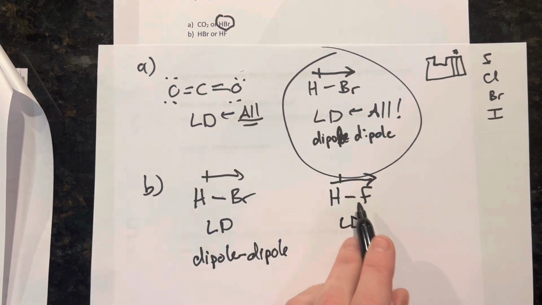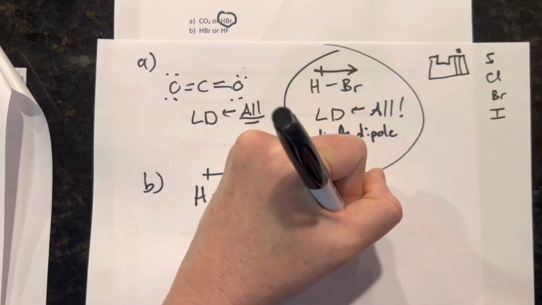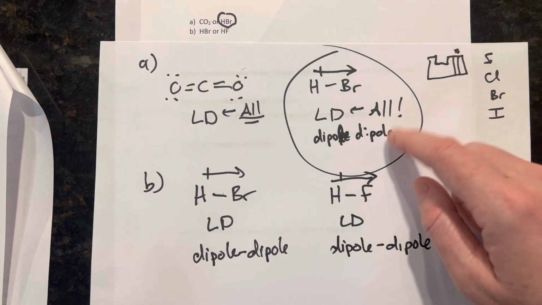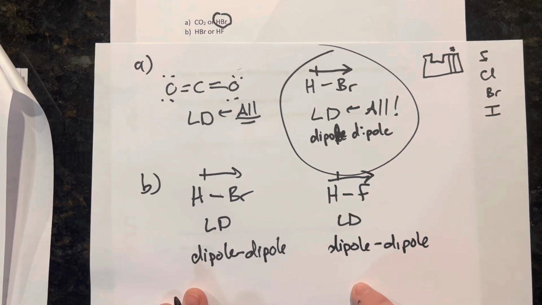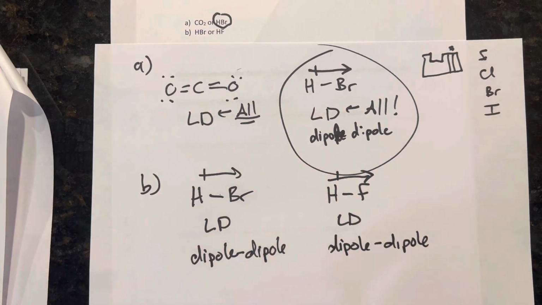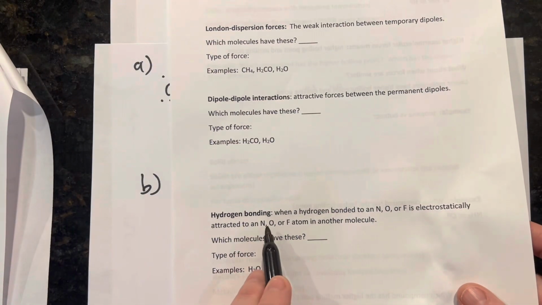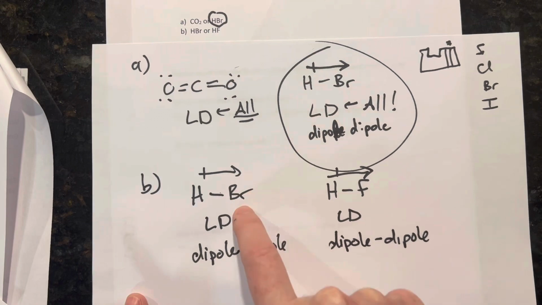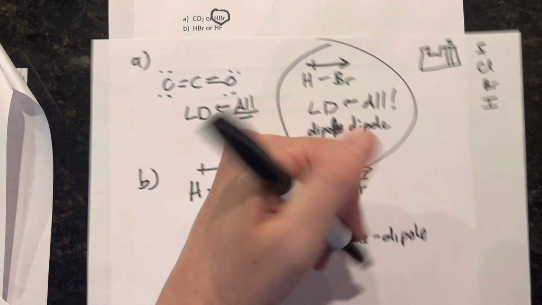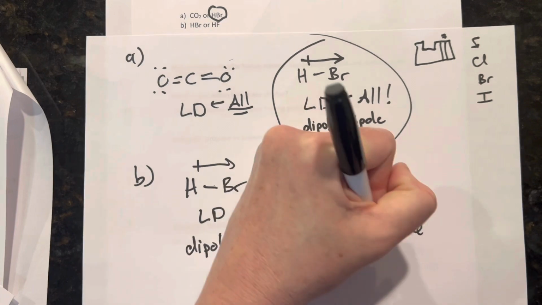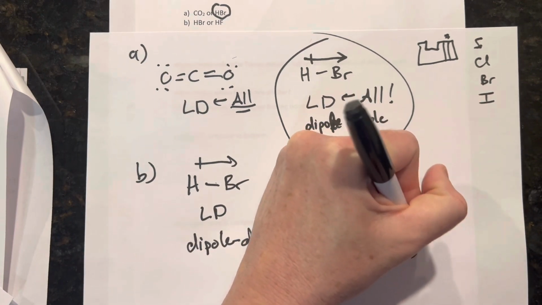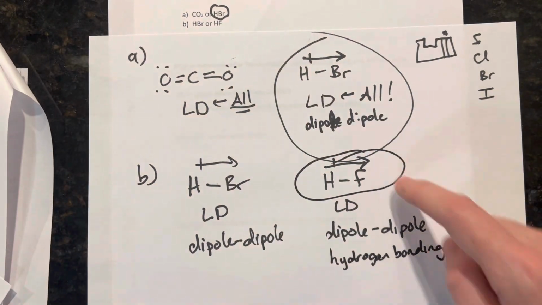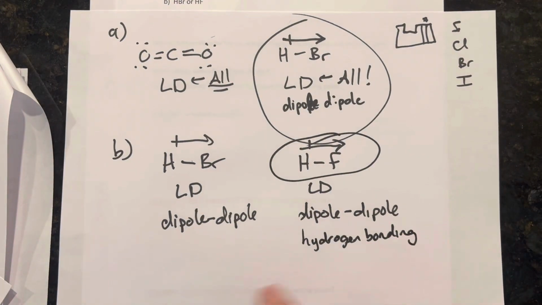It also has dipole-dipole because this is polar. And it has hydrogen bonding because it's HF, HN, and HO. This doesn't have hydrogen bonding because it's not an N, O, or F. This has an F, and therefore it has hydrogen bonding. And that's why that's your answer for B. It has the strongest of the intermolecular forces.